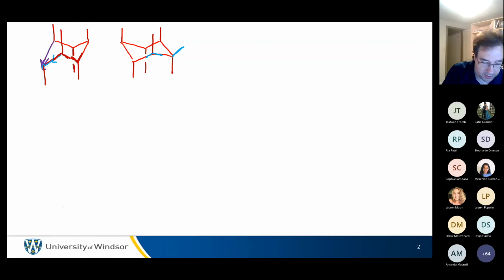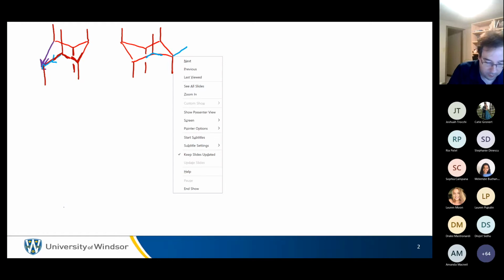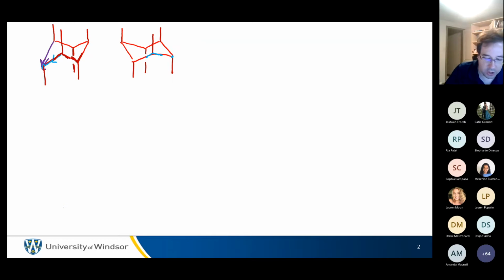So the equatorial, as I said last class, needs to be parallel. Here's this equatorial. It needs to be parallel. I haven't drawn it quite parallel. I'll be better. It needs to be parallel to the bonds in the chair that are not attached to that carbon.